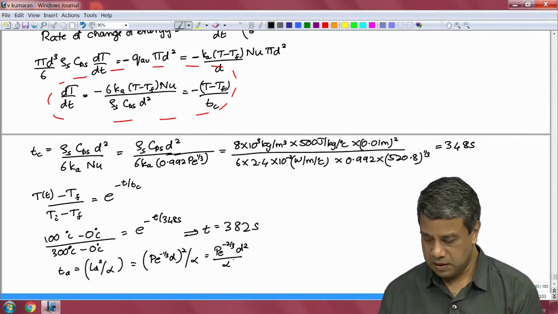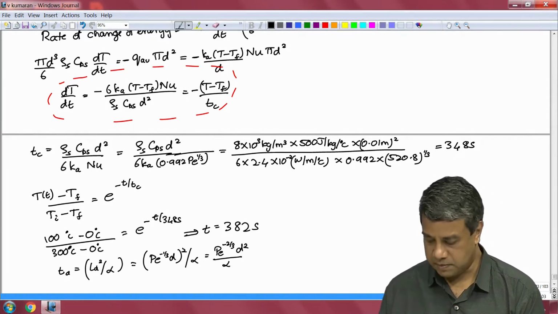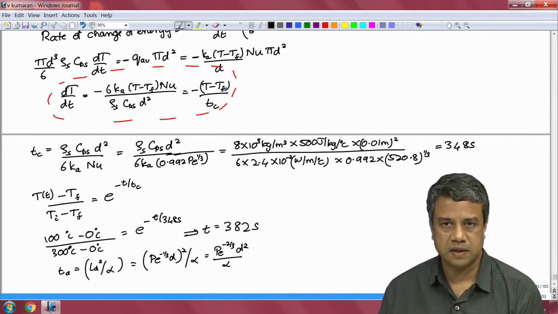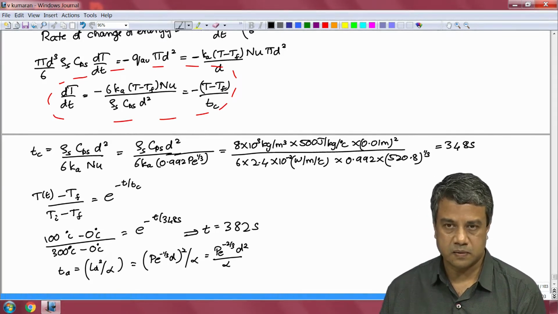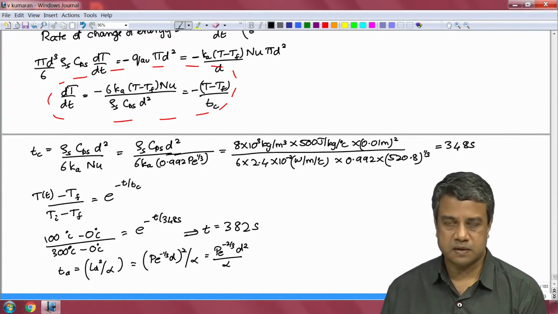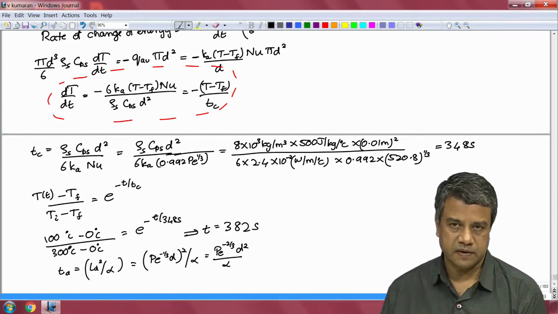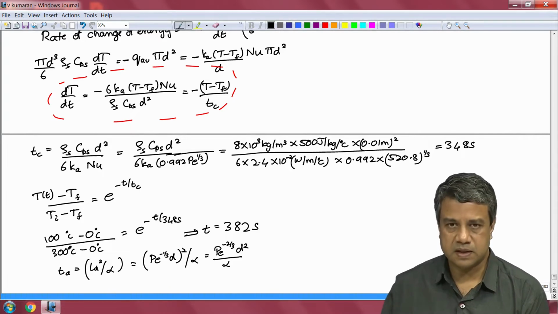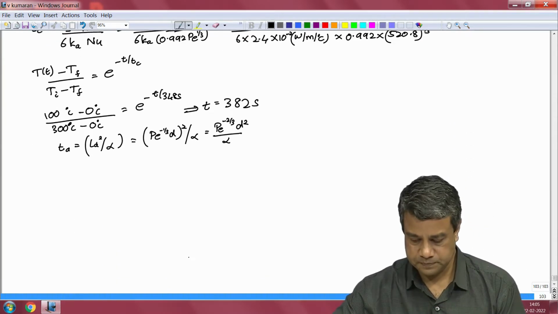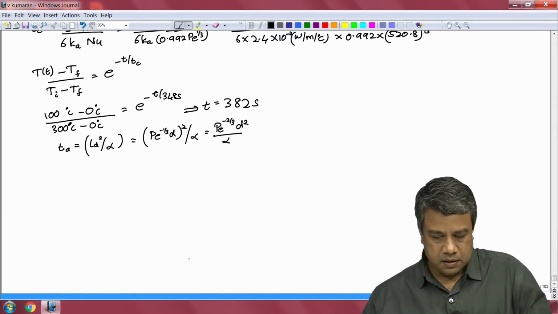And you have to estimate this, 520 power minus 2/3 times d square is 0.01 square, so 10 power minus 4, divided by alpha, which is 1.9 into 10 power minus 5. And you can verify by doing this calculation that this is actually a small number.